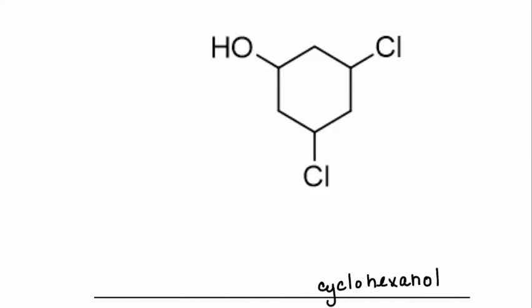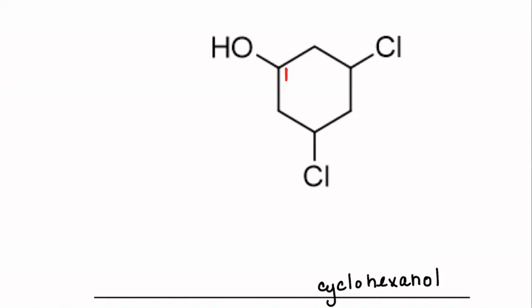Okay? The carbon that is holding the OH is going to be carbon 1. Okay? Put a 1 in the chat if so far makes sense. Excellent. Good to see those 1s.